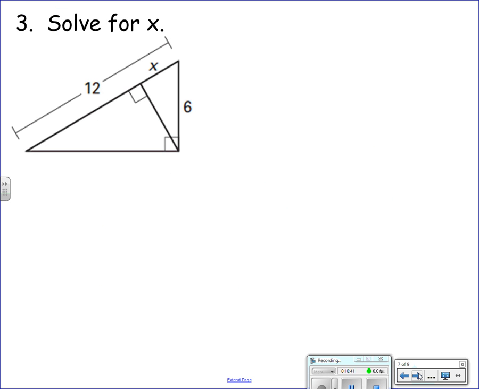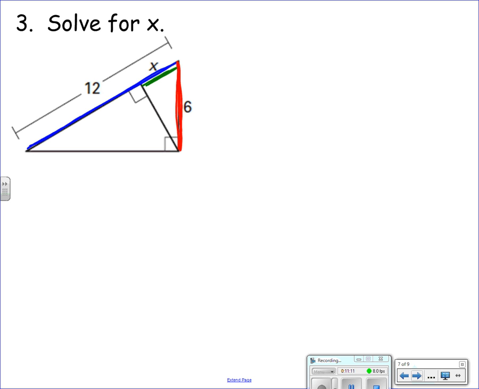So now we are solving for x. Okay, so let's look and see what we have here. We have the whole hypotenuse. I have a piece of the hypotenuse, and I have a leg of the big triangle.